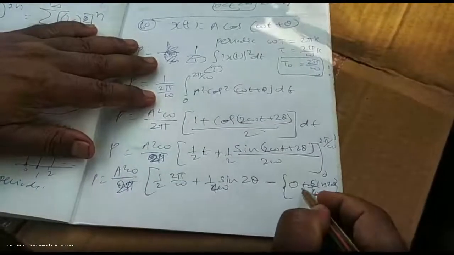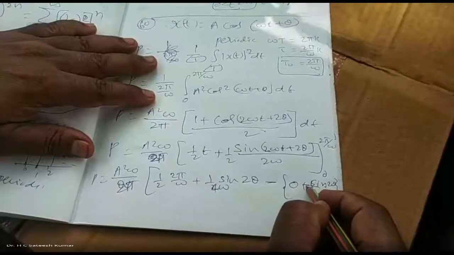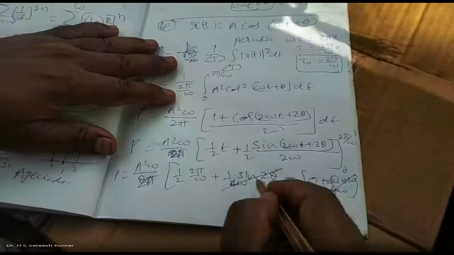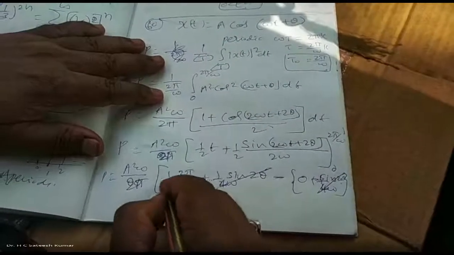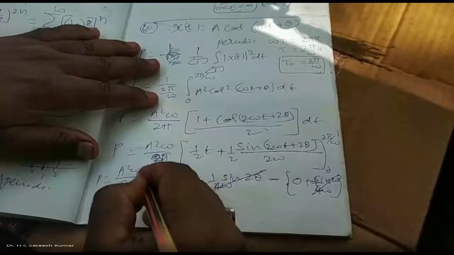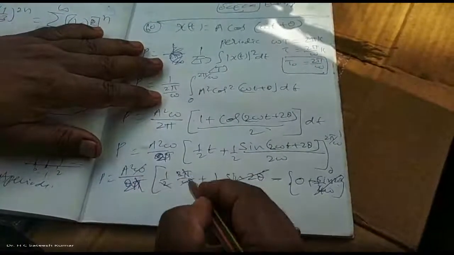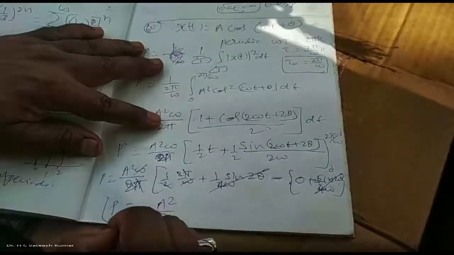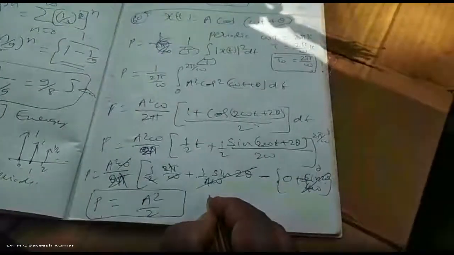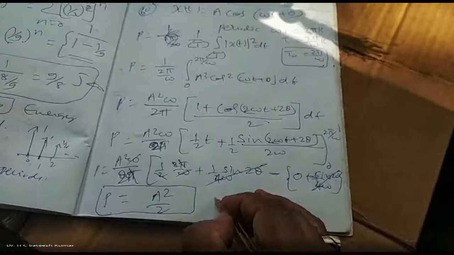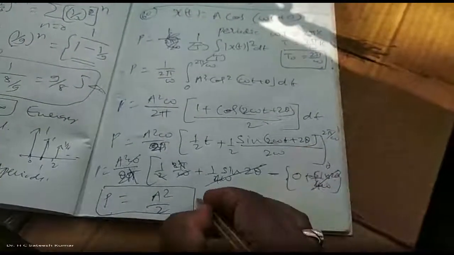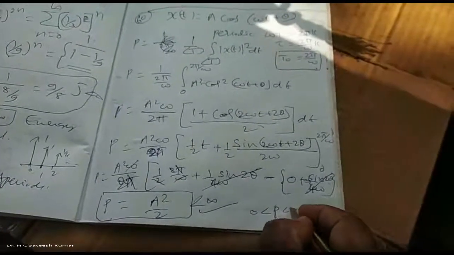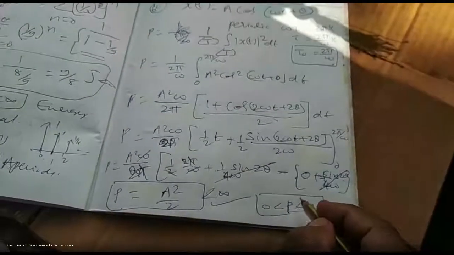Minus into plus is minus, so sine 2 theta by 4 omega with minus, and this is plus, so plus minus gives 0. 2 gets cancelled, omega gets cancelled, pi gets cancelled. What is left is A square by 2. So power is equal to A square by 2, which is less than infinity. Therefore, power lies between 0 and infinity, so it is a finite power signal.